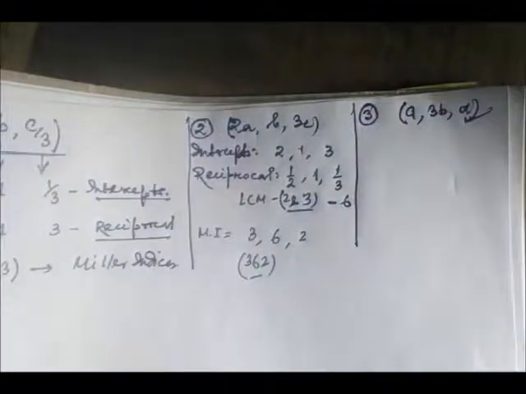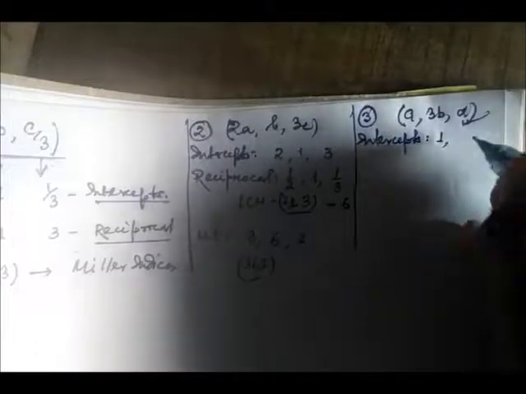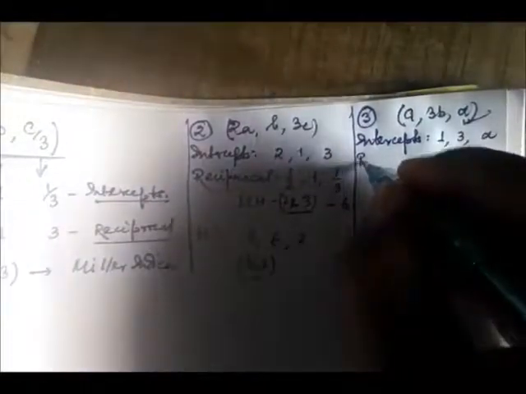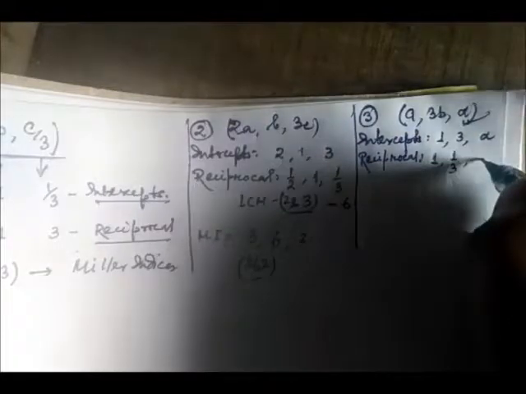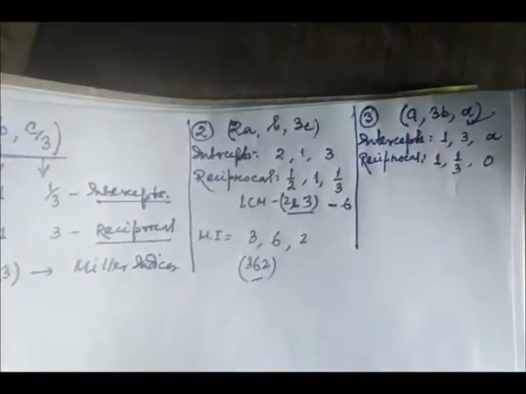So it never intersects with the z-axis. So the intercepts are 1, 3, infinity. Now take the reciprocal. What is the value? 1, 1/3, 0.